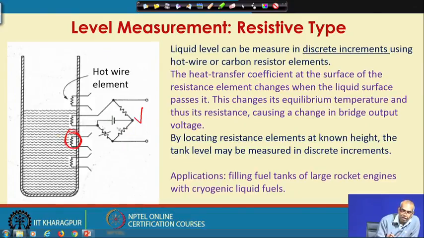Similarly, here when I come here, and this particular hot wire element is in use, I know that the level corresponds to the location of this hot wire element. So, this way the level can be measured in discrete increments. It has an interesting application, filling of fuel tanks of large rocket engines with cryogenic liquid fuels.